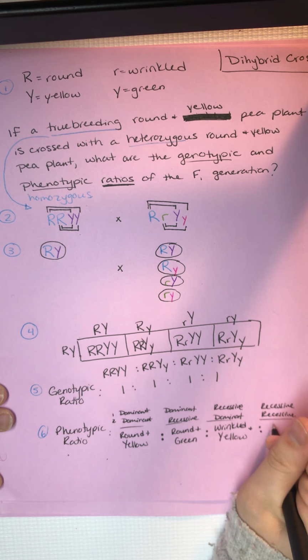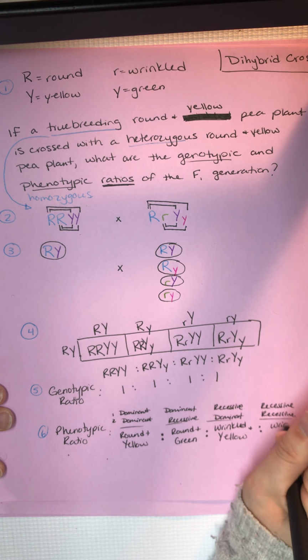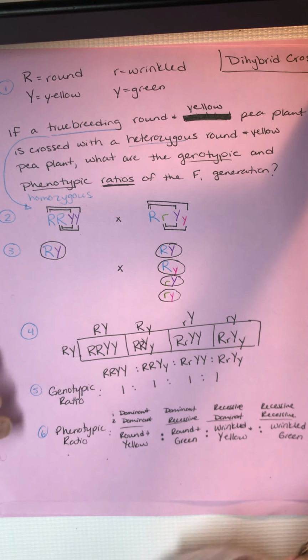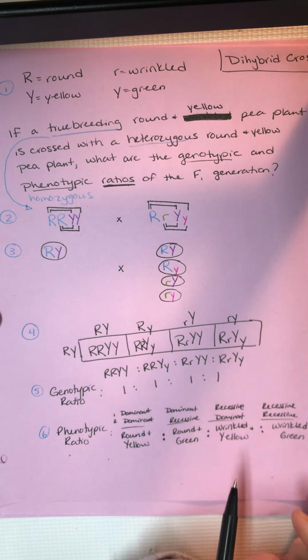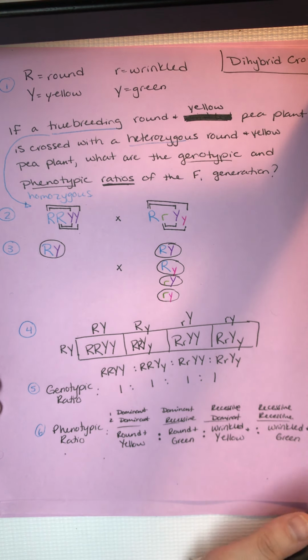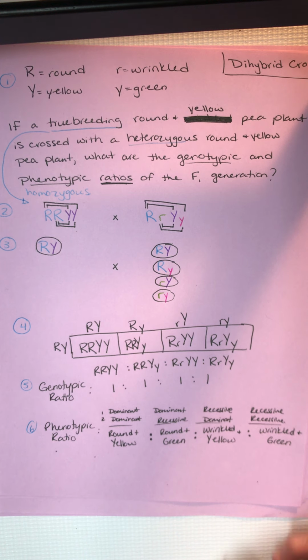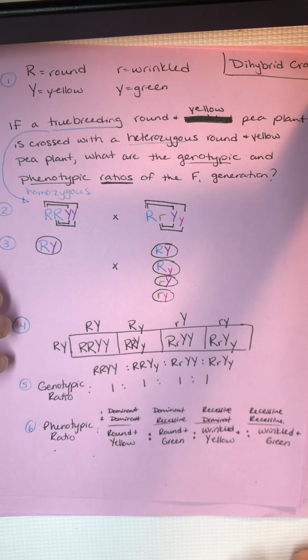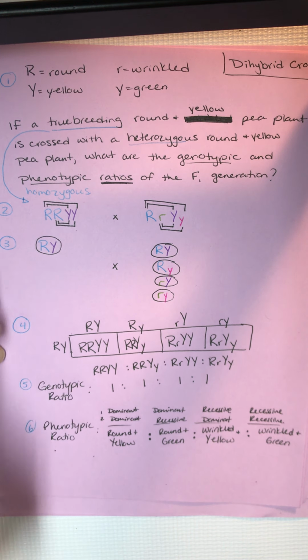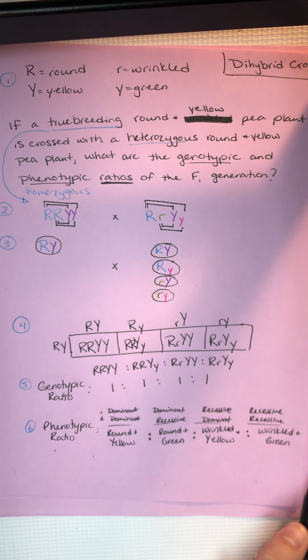And then finally both recessive traits, which is wrinkled and green. Okay, so those, because this is a dihybrid cross, we're looking at 2 separate traits. These would be all the possible phenotypes in a dihybrid cross. However, because this is a true breeding plant, we don't have as many distinct gametes, so we're not actually going to see all of those phenotypes.